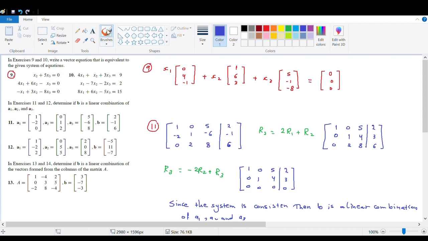So asking whether the system is consistent or b is a linear combination, it is just the same. We need to do row operations. If the system is consistent, b is a linear combination. If the system is inconsistent, then b will not be a linear combination of those vectors, sorry.